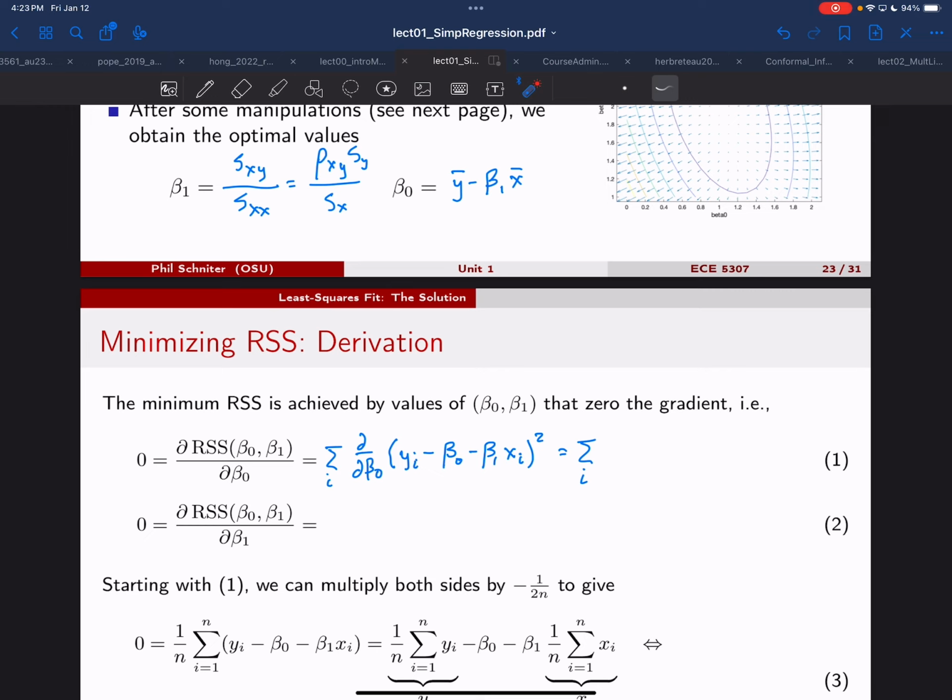The chain rule says, in this case for a quadratic, that the derivative with respect to beta 0 is going to be 2 times this quantity times the derivative of this quantity with respect to beta 0, which you can just see is minus 1.